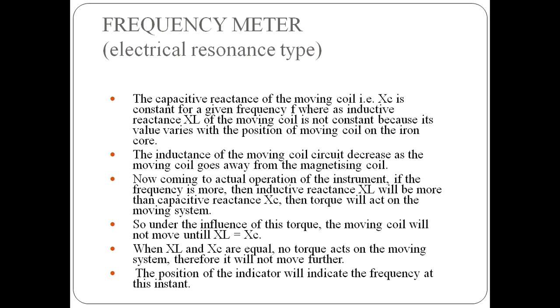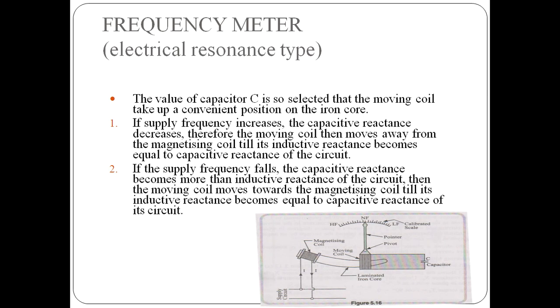When the inductive reactance is equal to the capacitive reactance, no torque acts on the moving system, therefore it will not move further. The position of the indicator will indicate the frequency at that instant. This is how we measure frequency in an electrical resonance type frequency meter.